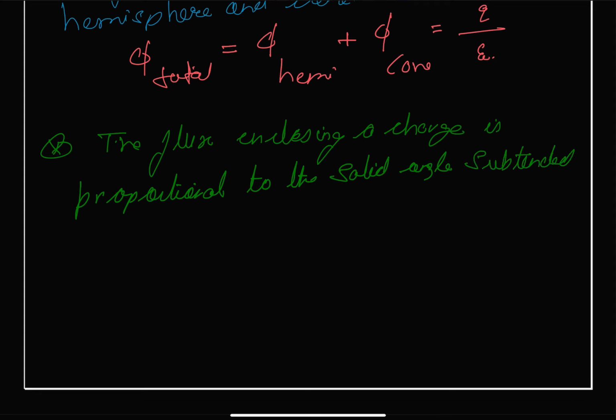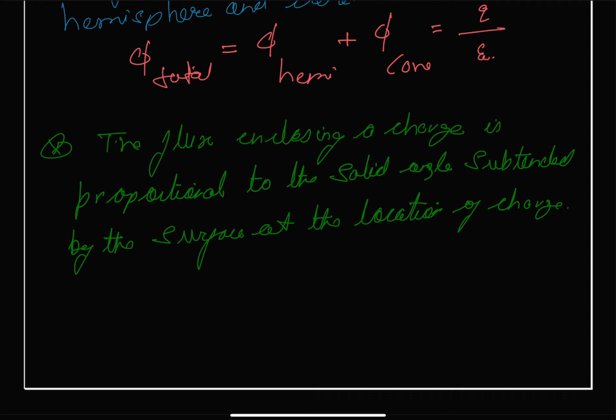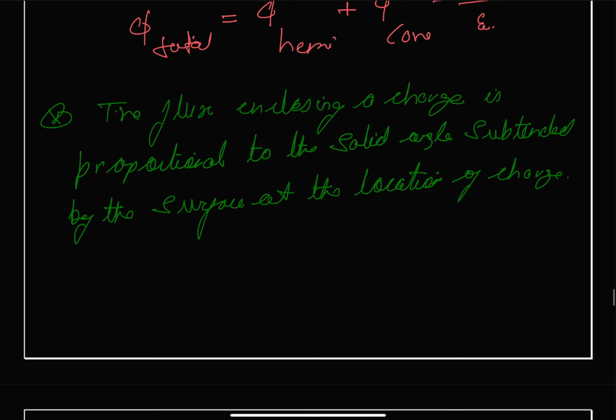Therefore, we can write based on this explanation that the flux will be equal to our q upon epsilon naught multiplied by the solid angle subtended divided by the total solid angle for the complete sphere.